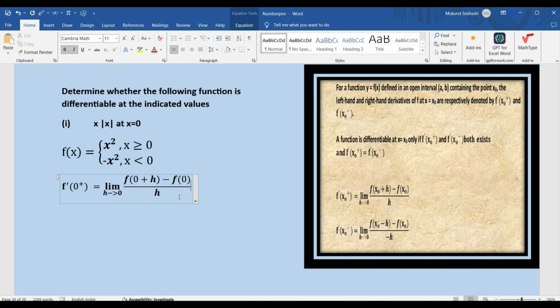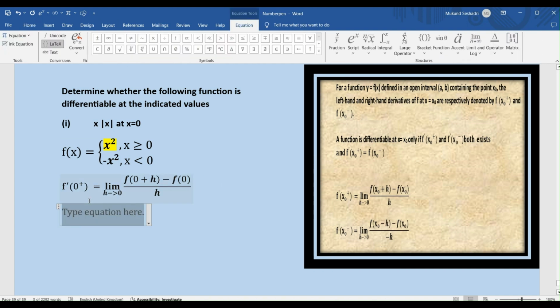So my f of 0 plus h means x taking a value which is greater than 0 by an infinitesimal h tending to 0. So then we will have to go for x square, right? So my f of 0 plus h, we will have to pick up function x square and replace x by 0 plus h, right?